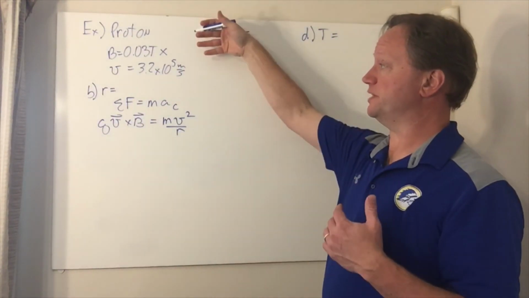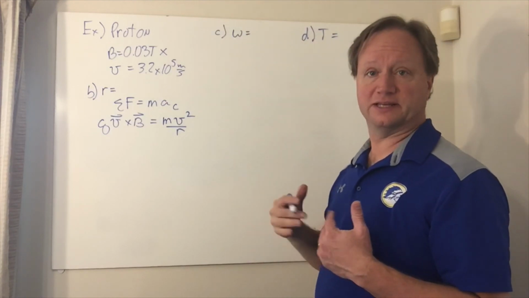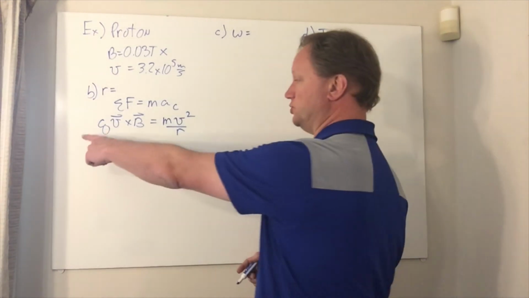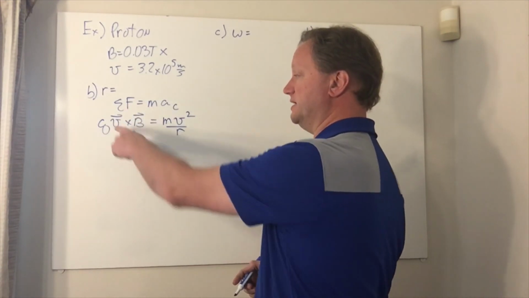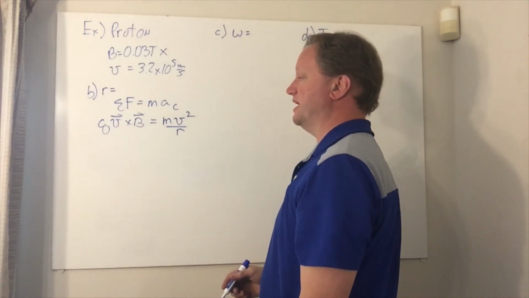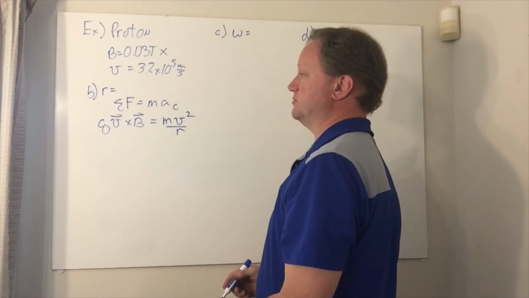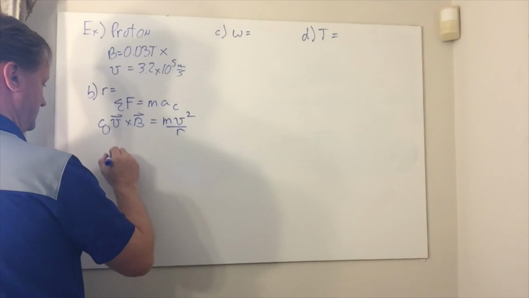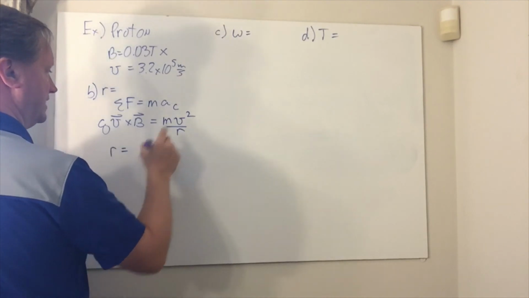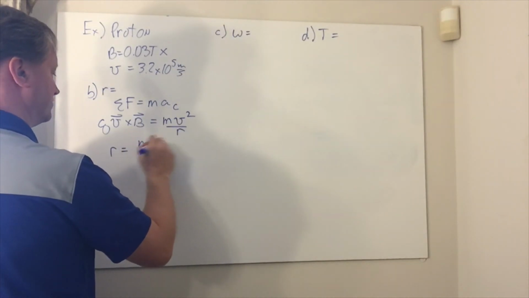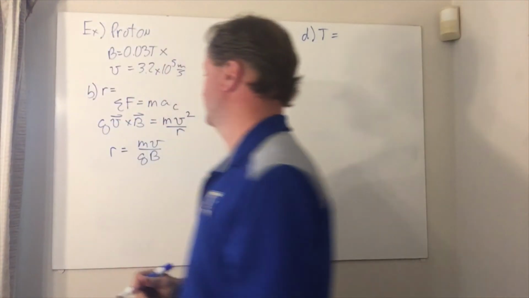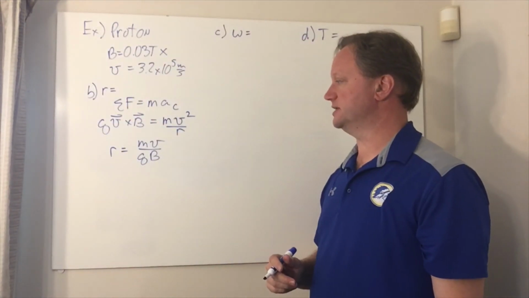Now it's a matter of doing algebra. We already know, based on what was given, okay, that we're at a right angle, so it's going to be the sine of 90. So then QVB sine 90, one of my V's will divide out. And then if I'm solving down for the radius, I'm going to bring the radius up. Okay, I'm going to have an MV left on the right side, and then a QB will divide over to the denominator.